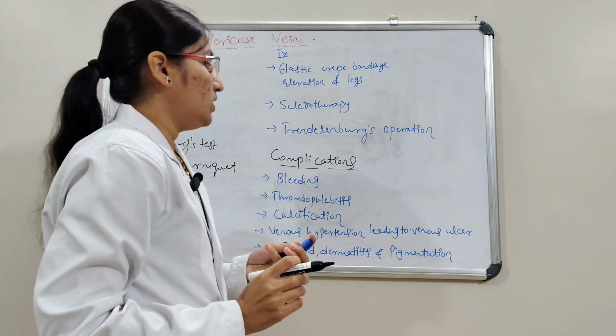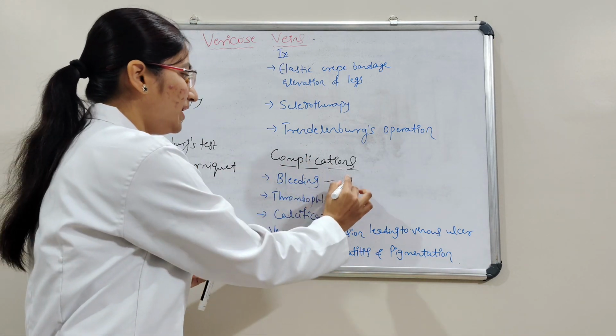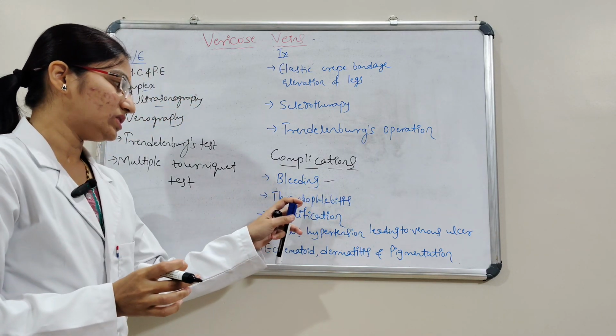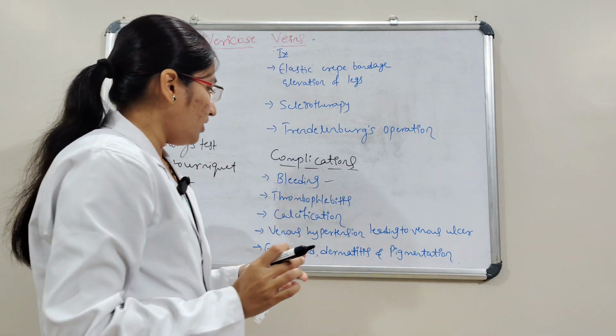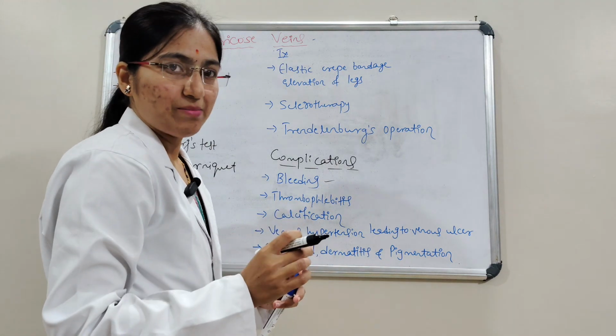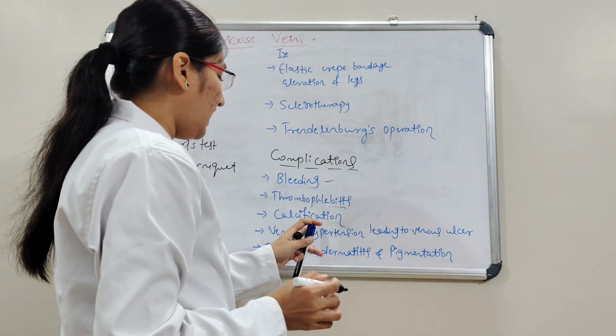Next, we will see the important thing, that is complications of varicose veins. Here, bleeding, most common, and then thrombophlebitis. Here, a blood clot will be present in the vein, and it's going to cause inflammation, phlebitis. That is thrombophlebitis. And then calcification.